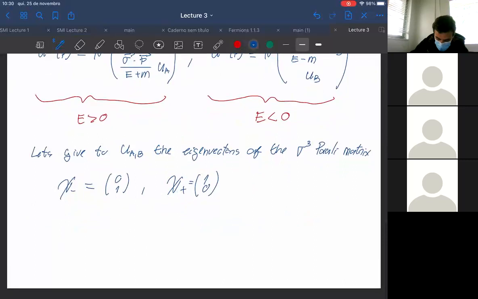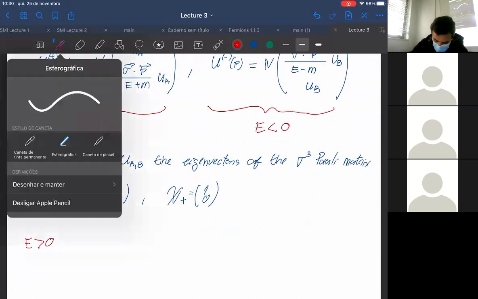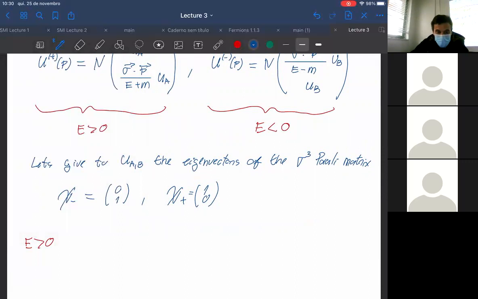So for the positive energy solutions, we get u(p). This follows the notation that we used previously, with the small u used for the case of the particle at rest.